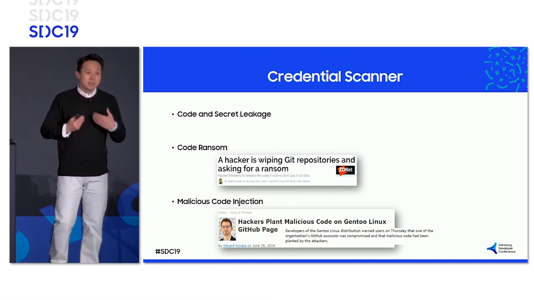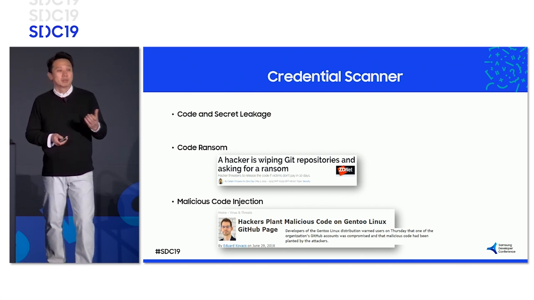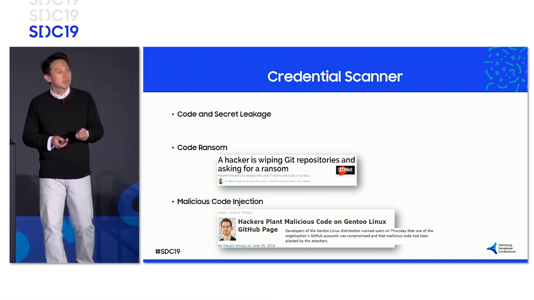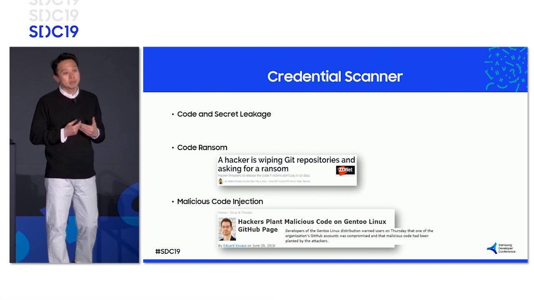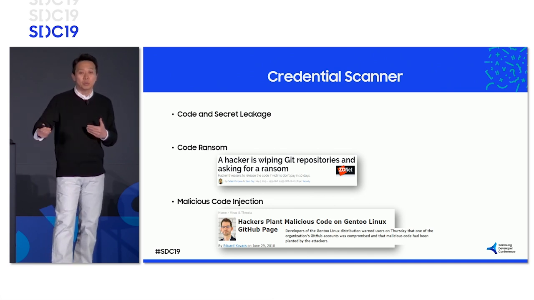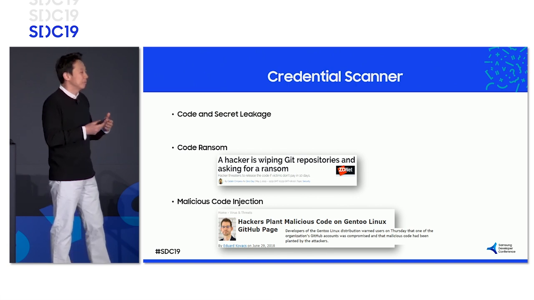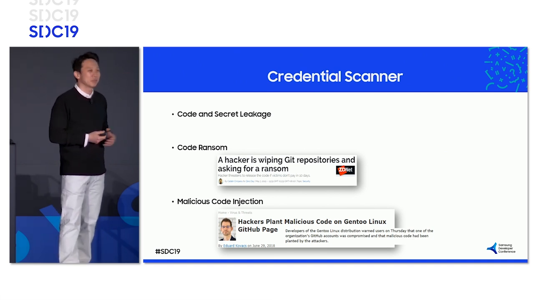You can easily imagine what happens. If a malicious user can get your access key or secret key, they can access your secret information, and they can also erase your code and encrypt it, and then demand money or Bitcoin, like code ransomware.